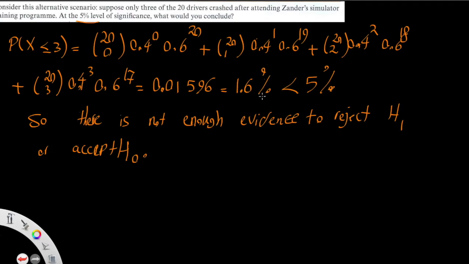In the rejection region means that H0 is not accepted. There is not enough evidence to accept H0, or you can say that H1 is not rejected.